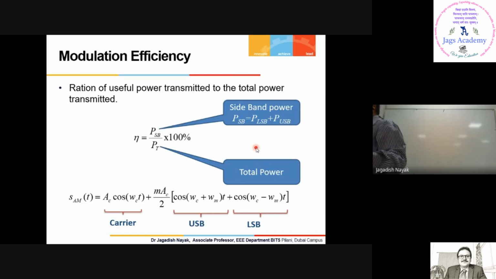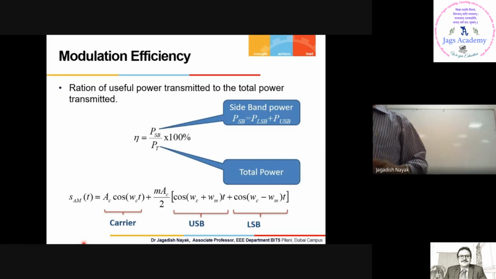So if we take the power in the side band divided by total power, that is going to give you the modulation efficiency. Power in the side band divided by total power into 100 will give the modulation efficiency.